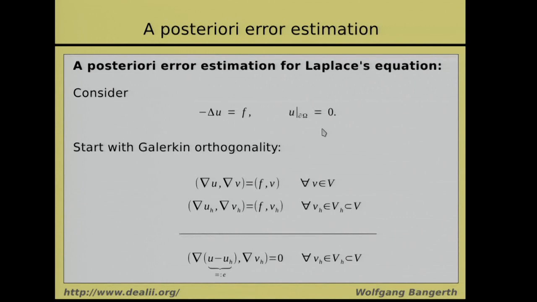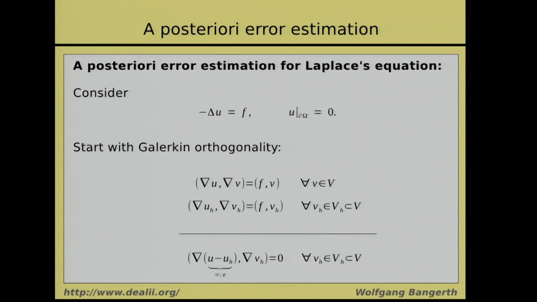boundary conditions. The weak formulation of this problem says: find a u, a function in the function space H1, functions whose derivatives I can square integrate, so that gradient u times gradient v equals f times v for all possible test functions v in V, and that would be H10 in this case.